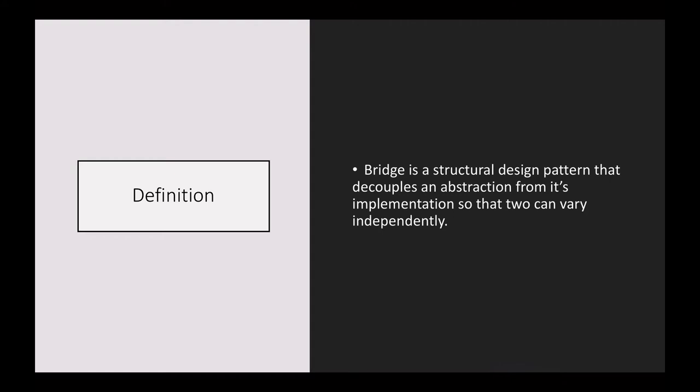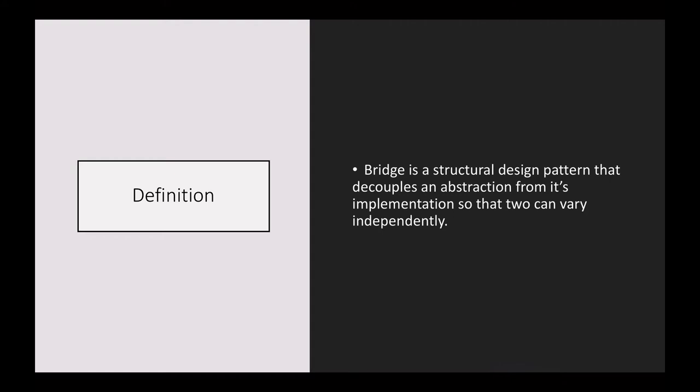And if you look at the definition, there are quite a few points which you should note about what this pattern is trying to do. So what it says here is bridge pattern decouples an abstraction from its implementation so that two of them can vary independently.